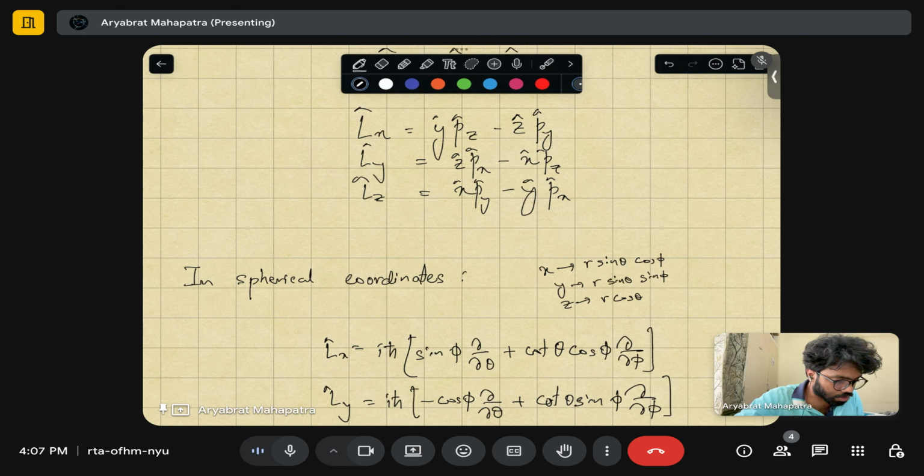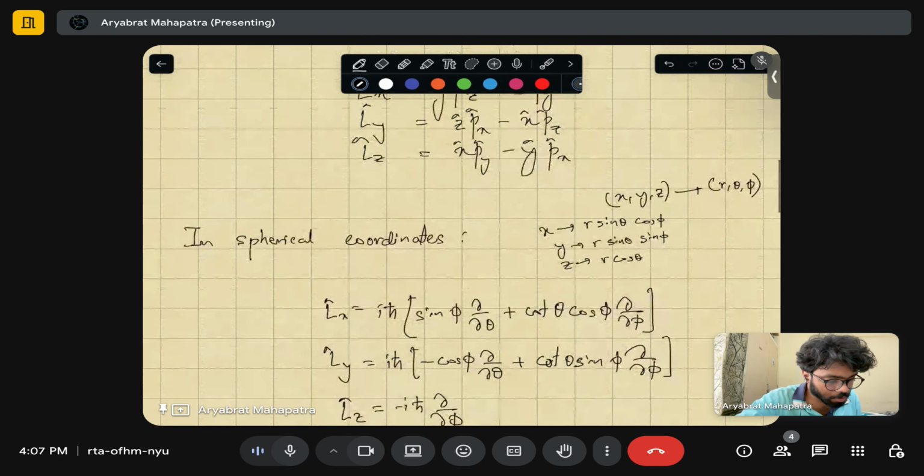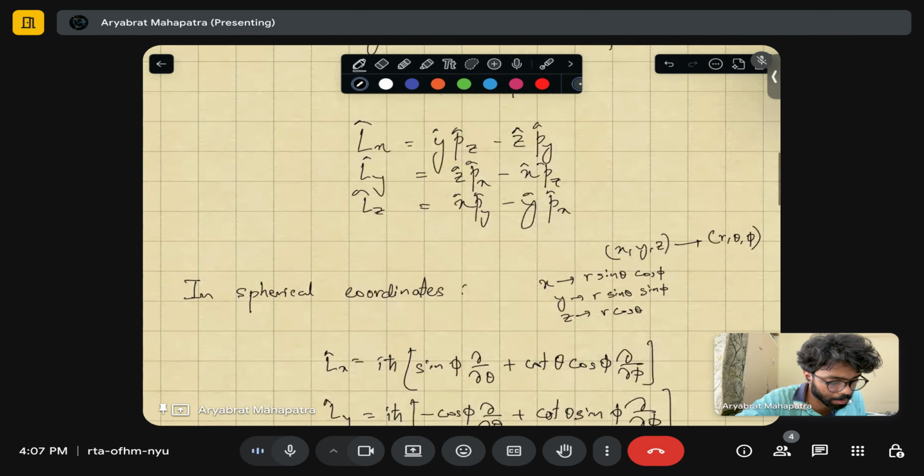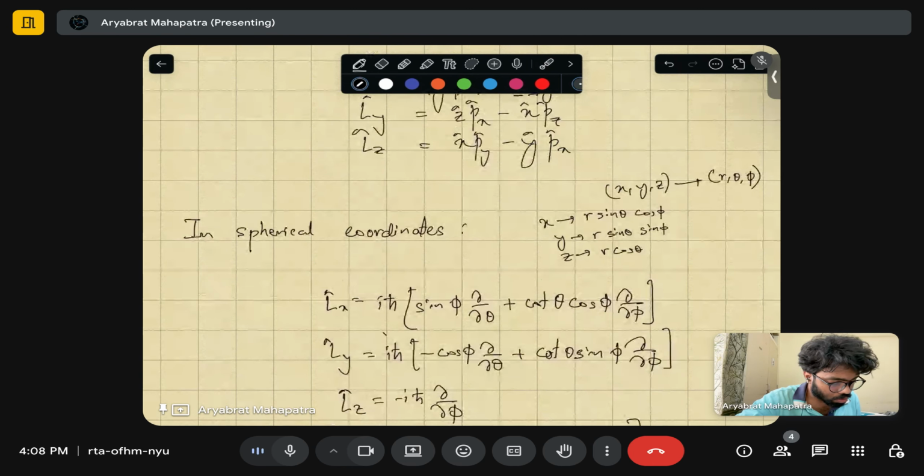So when you go from x, y, z to r, theta, phi, you can transform each component, like y pz and z py, into this.